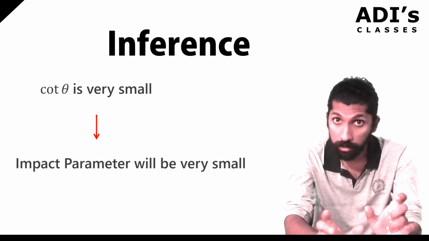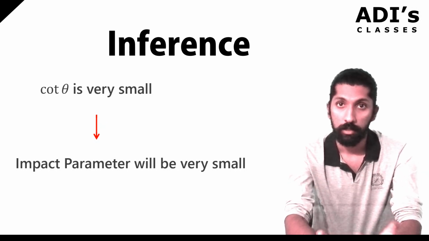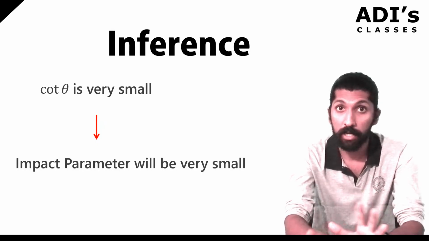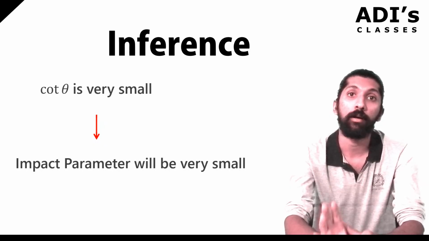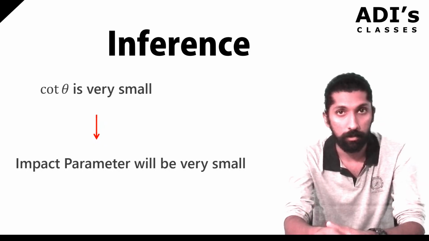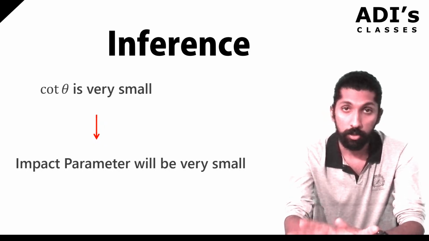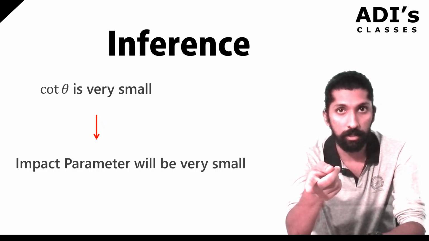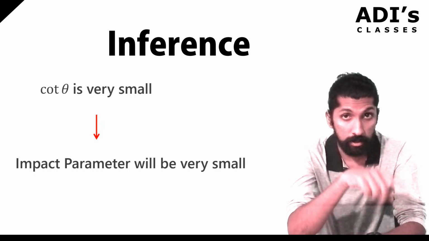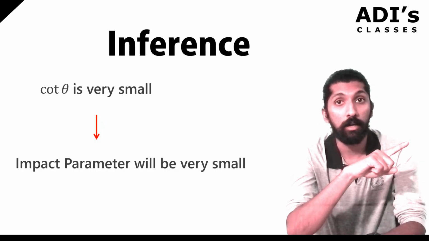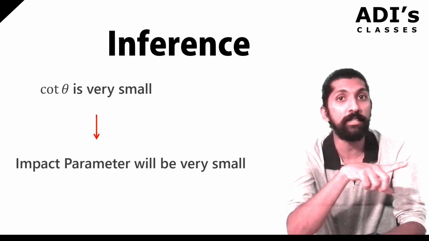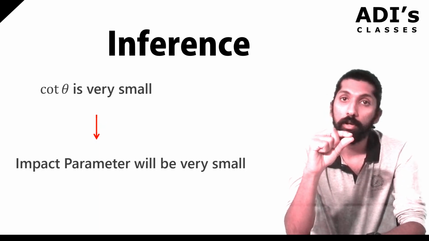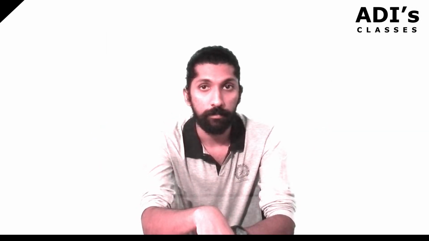If cot theta is very small, that means the impact parameter is going to become very small. If cot theta by 2 is 0, that means the b value is 0. This is the case where the alpha particle is retracing its path, that is, the impact parameter is 0.